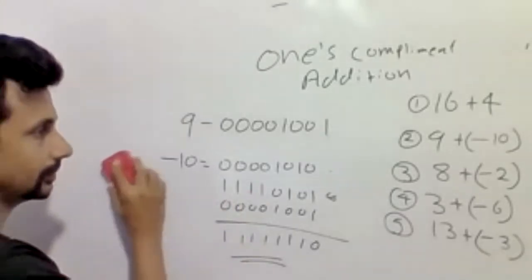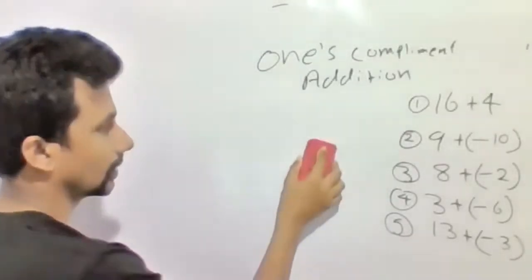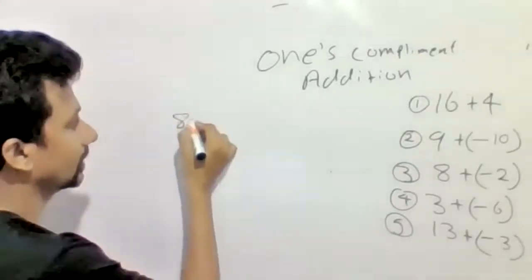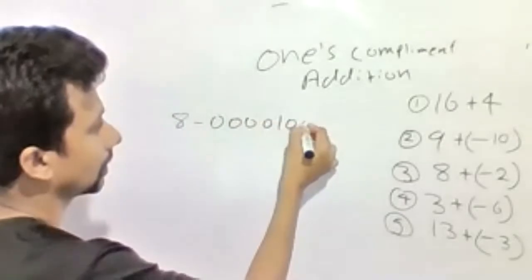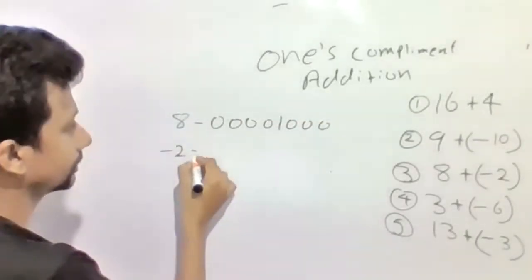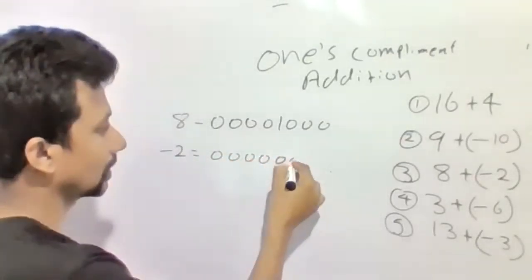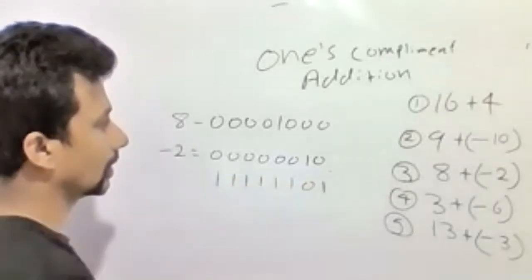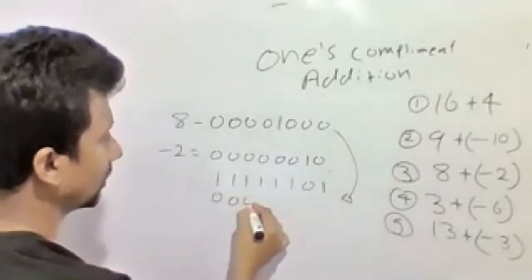Then we take the third one. Positive 8 plus minus 2. Positive 8 is right here. Minus 2: first I am writing the positive 2. Then the other side. So I'm going to add; I'll take this one here and write it under that, and then it will be easy.